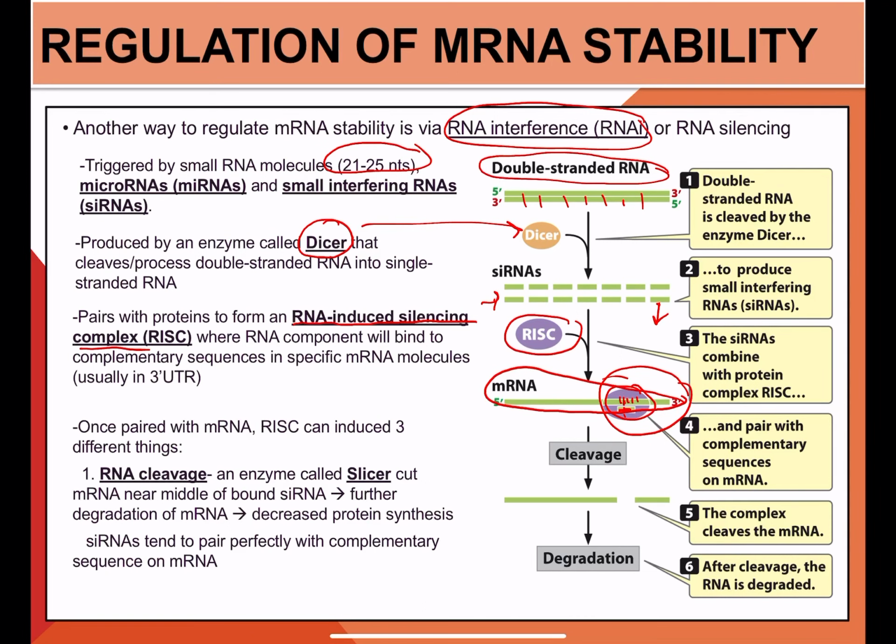Now, there are 3 different effects that can happen with these RNAi molecules. For siRNA, which is your short or small interfering RNA, they will bind with proteins, again, to form your RISC complex. The RNA component of siRNA will pair perfectly with the complementary sequence on the targeted mRNA molecule.